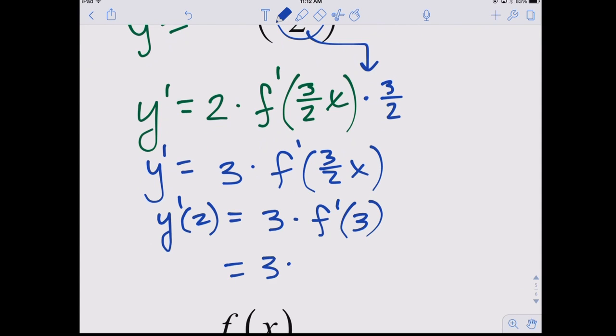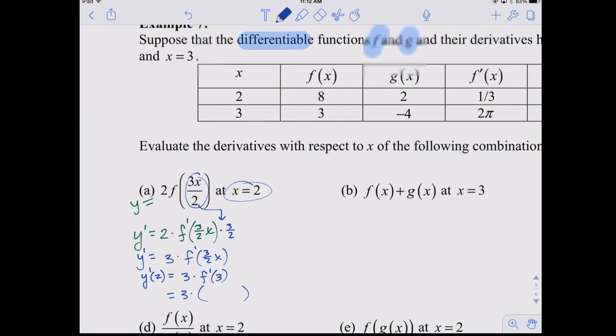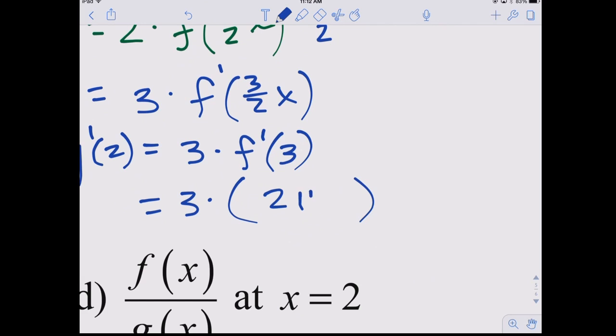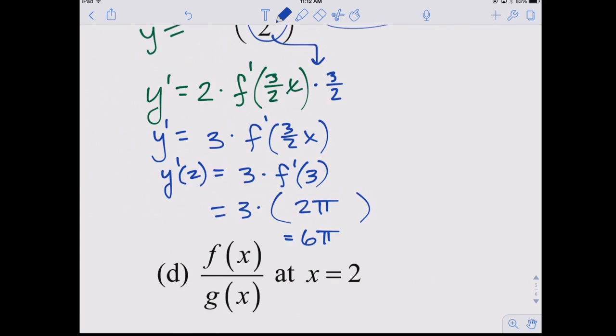And now on a free response, we could not stop there because that's not numeric, but hopefully, fingers crossed, f prime of 3 is going to be up there. What is f prime of 3? 2 pi. Good. So we end up with 2 pi. Now there you could stop on a free response, but of course the multiple choice answer would be 6 pi. Got it? See how it's done?